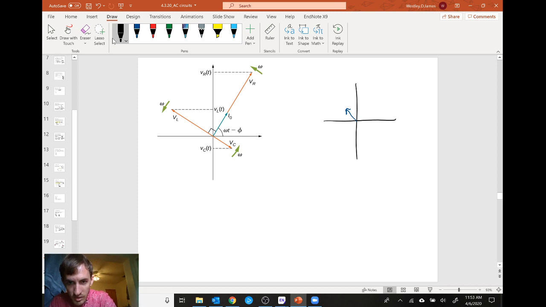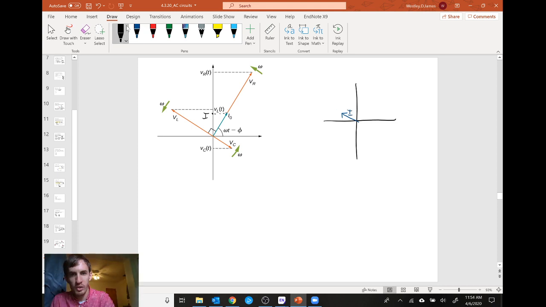This is the value of the current at some time. So maybe it's better if we draw this a little bit lower. So here's my current. Let's go ahead and draw all the other vectors for it. So the current is here.